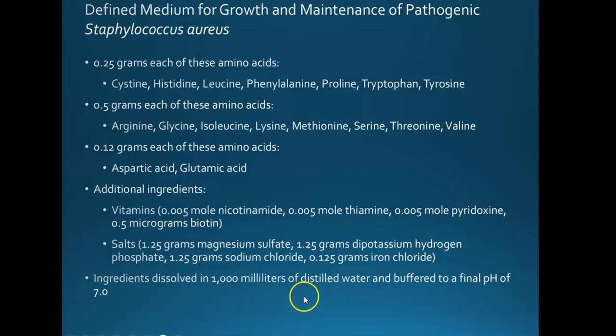And you're bringing it all up to a certain volume when you're making this media, right? So once again, defined, it's very defined. We know exactly how much of each one of these different amino acids is present in the media versus a complex media where we don't know exactly how much of each of these amino acids might be present. It just depends on the organism from which we've taken that component.